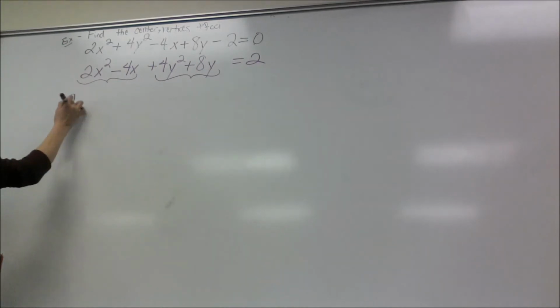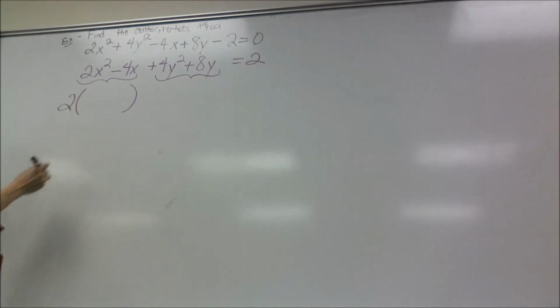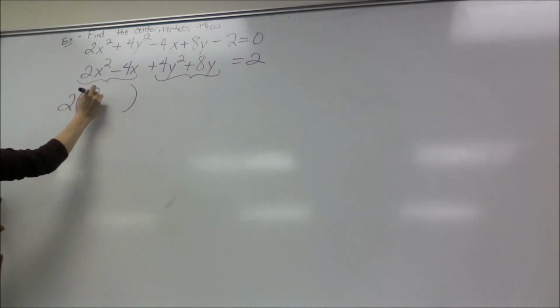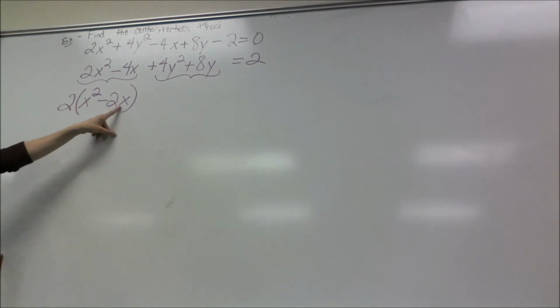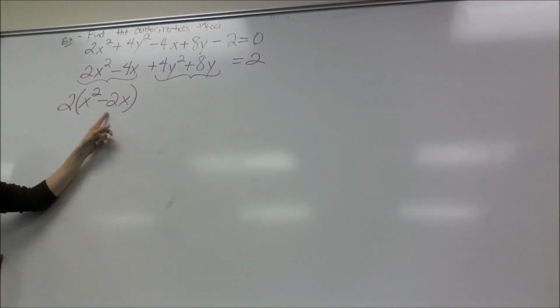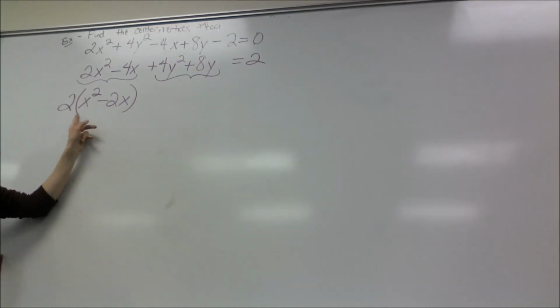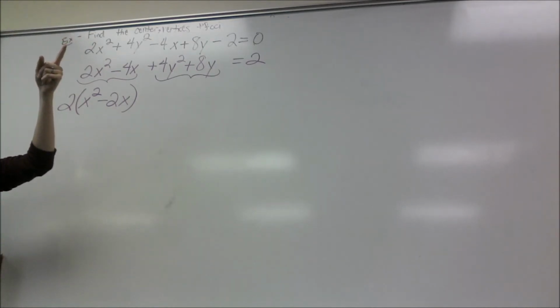Okay, so factor out a 2 from the x group. That gives me x squared minus 2x. Don't drop that second x, and I don't want anybody to get confused. Right here, we have not completed the square yet. Just because you put a set of parentheses doesn't mean you have a quantity squared.